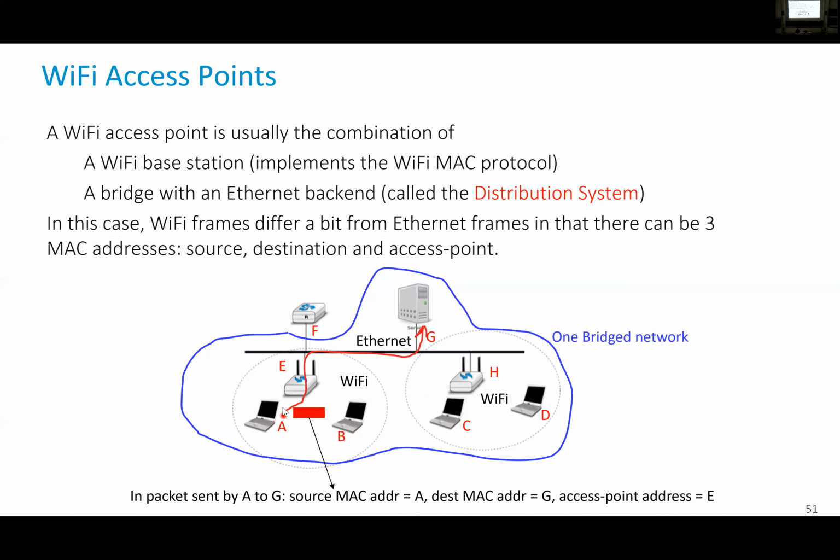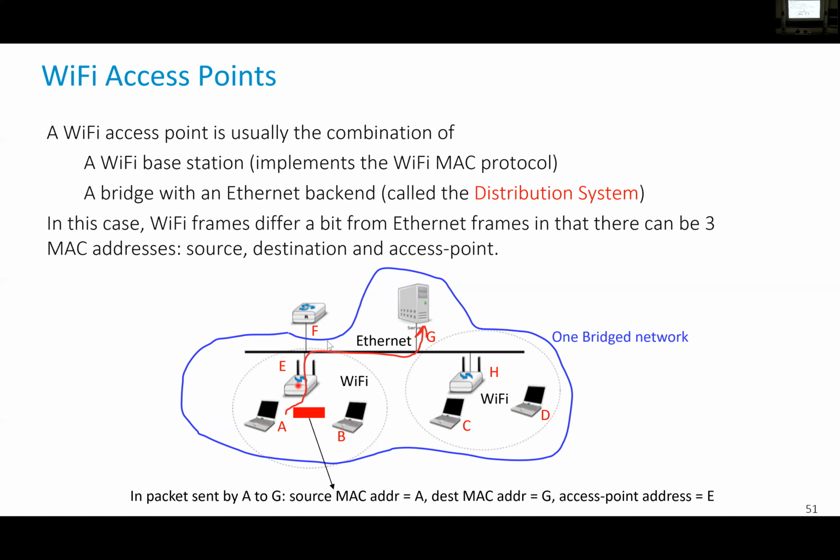For example, when A sends a packet to G, so G is one of the servers, for example, your DHCP server that is connected to Ethernet, then the principle is I create a MAC frame with source A, destination G.